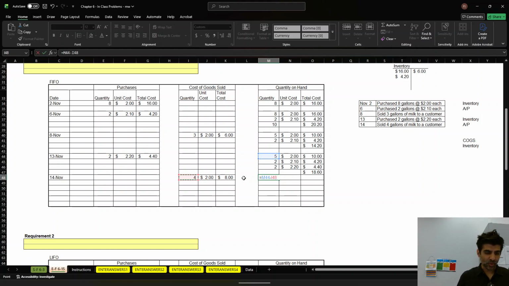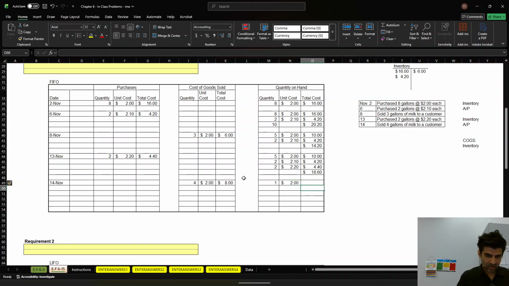We had 5, we just sold 4 of them. We only have 1 left in that $2 initial layer. And then we still have the rest of these. So our total value of inventory is this. The total amount of cost of goods sold is $14. And so that's it, okay, for FIFO.